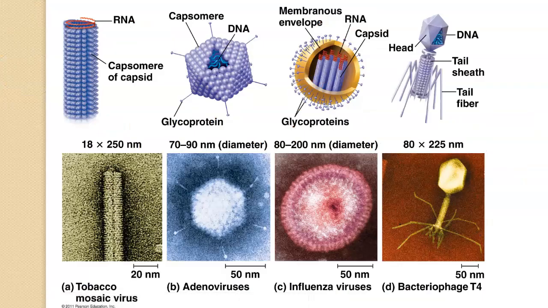Here's a picture of what a couple different examples look like. So the tobacco mosaic virus is an RNA virus. There's the adenoviruses that kind of look like this. Influenza is one example here that does have the envelope around it. And then I think the easiest one that we always kind of look at is a bacteriophage, which has this sheath and tail fibers and so on.